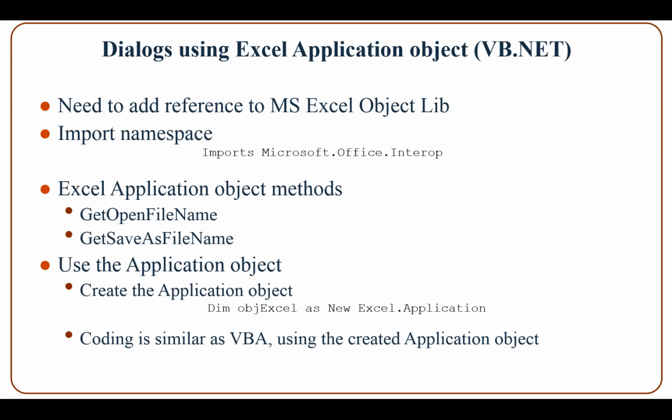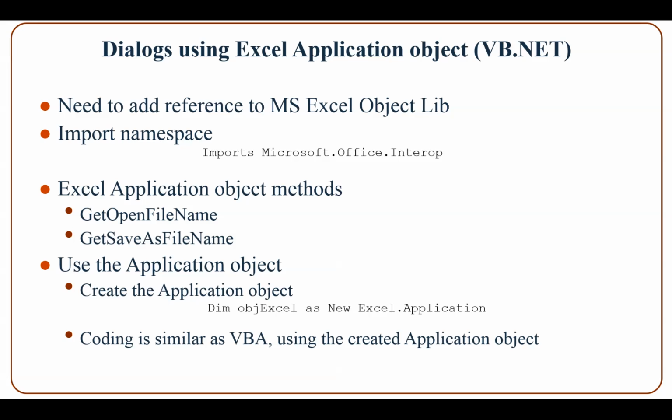The two methods of the Excel application object are GetOpenFileName and GetSaveAsFileName, just like in VBA. And then you need to create the application object, so you use the New keyword in front of Excel.Application.